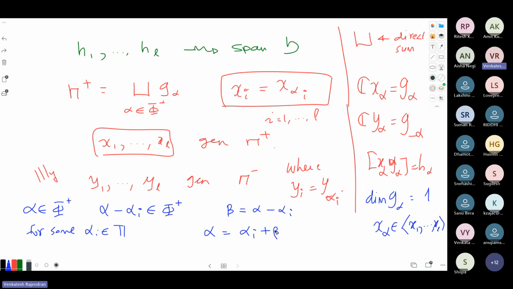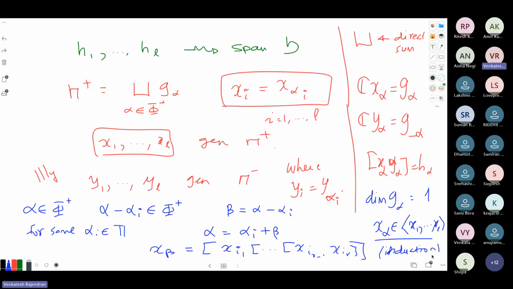Now by induction, you assume that x beta is in the subalgebra here. Or you can do a somewhat stronger induction: you can assume that x beta is of the form some bracket xi1, etc., bracket xi r minus 1. So this is by induction.